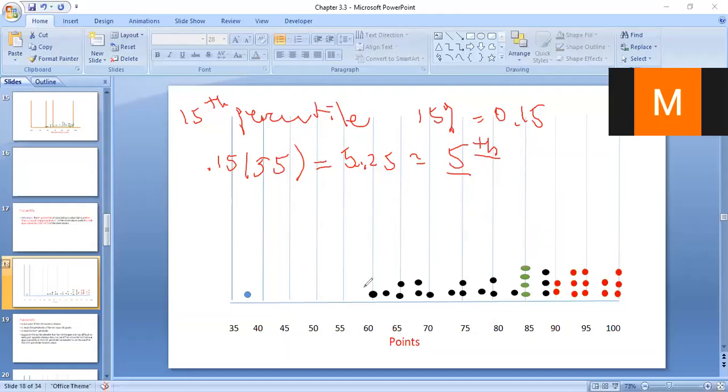And you count from this one, from left to right: 1, 2, 3, 4, 5. This is 65. So the 15 percentile is 65 points.